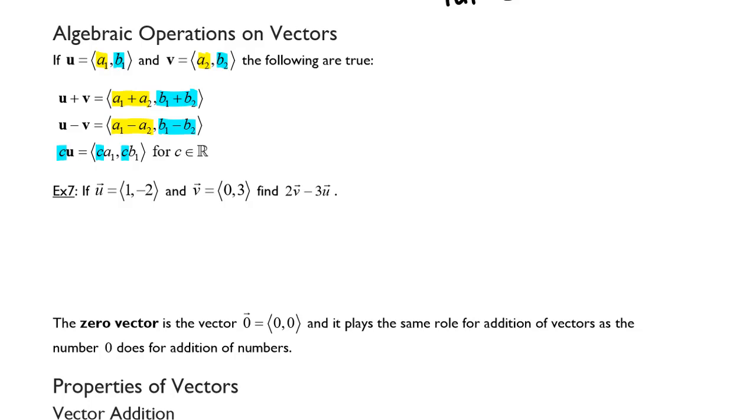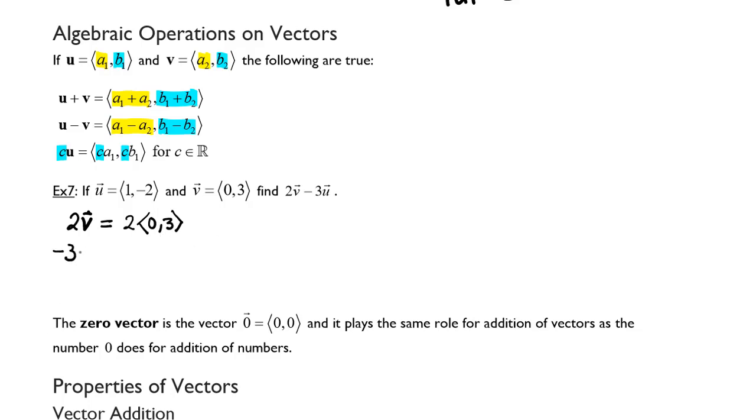And if the vector u has components 1, -2, and vector v has components 0, 3, let's see if we can find 2v minus 3 times u. First, I'm going to list my vectors, 2 times the vector v, and that will be 2 times 0, 3.